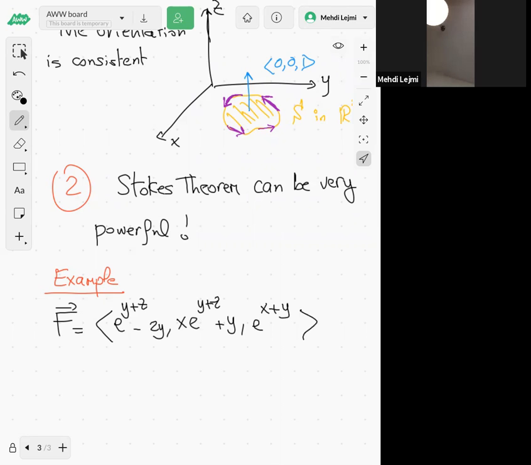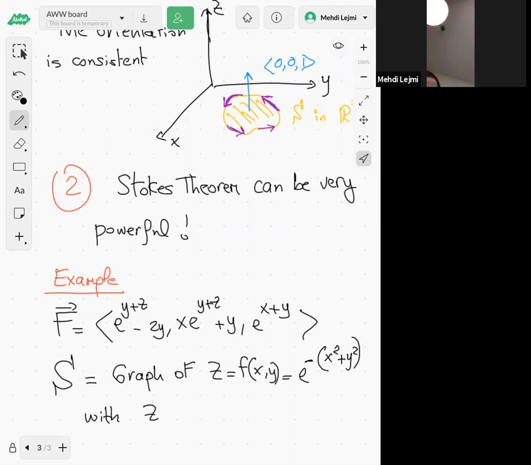That's my vector field F. And then let's say my surface S is given by the graph of a function, z equals f of x, y, which is e to the minus x squared plus y squared, with z larger than or equal to 1 over e.